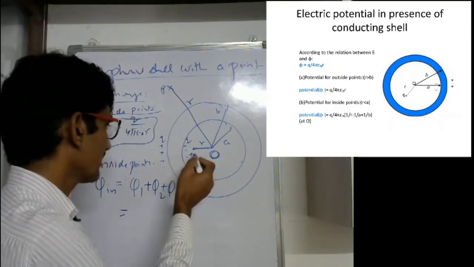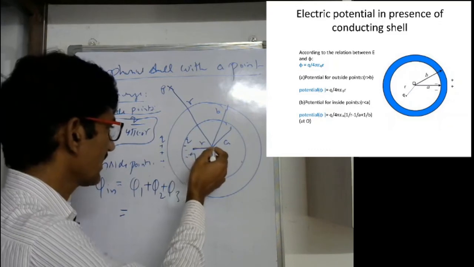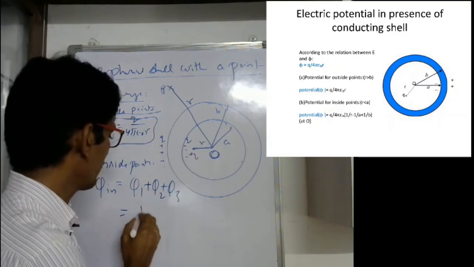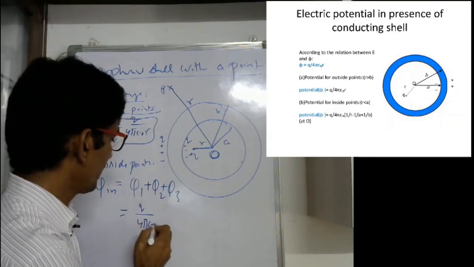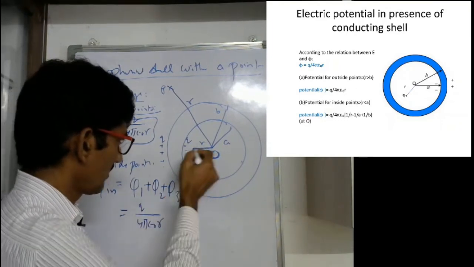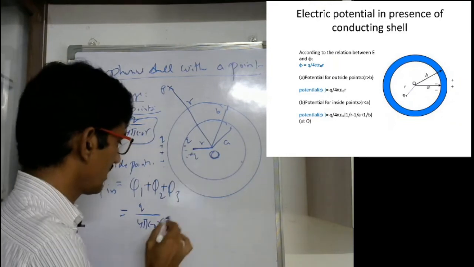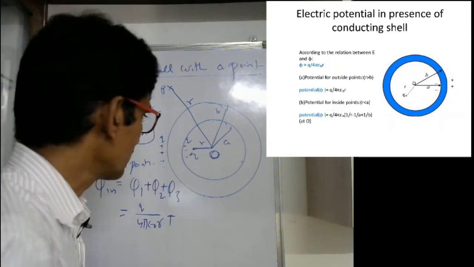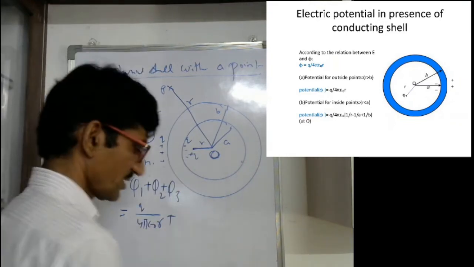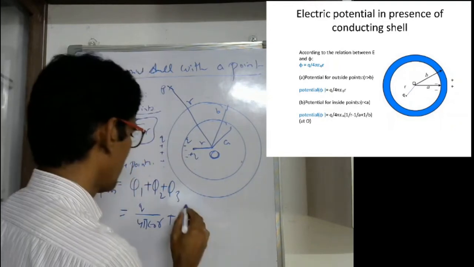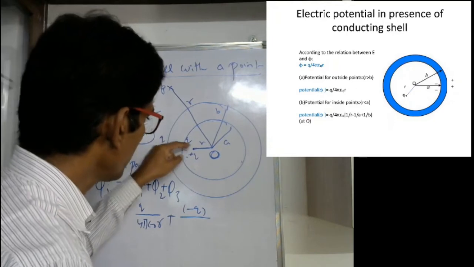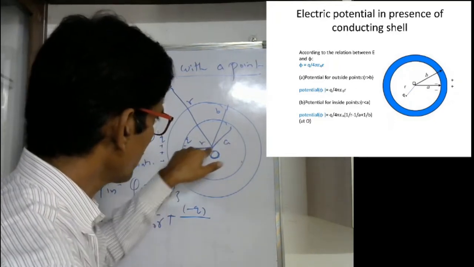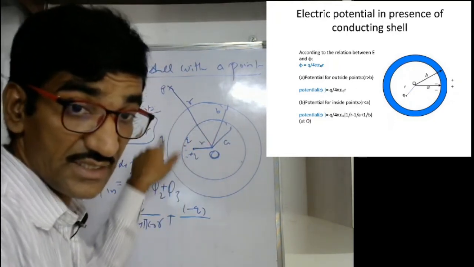For the original charge, located from here to here at distance small r, the potential is Q by 4 pi epsilon naught r. Next, what about this minus charge? This is minus Q. Where is it located? It is located at the inner radius, right?